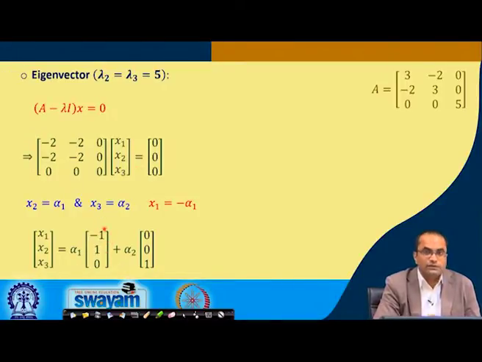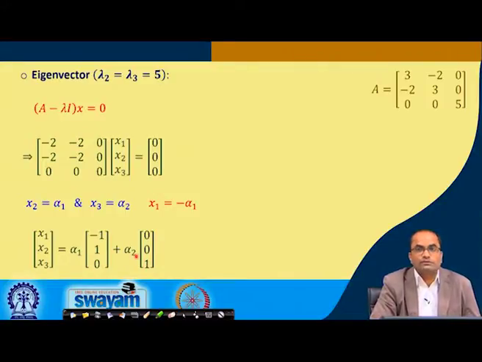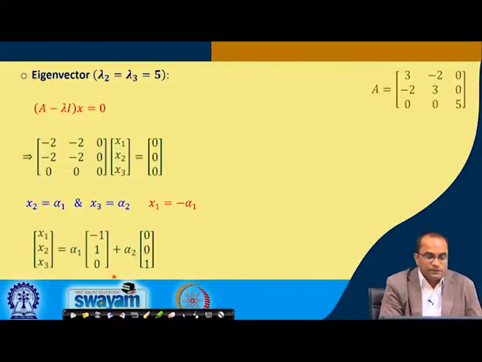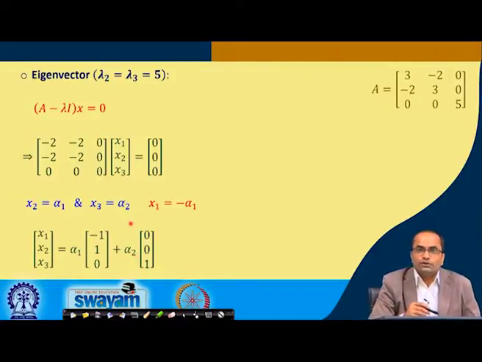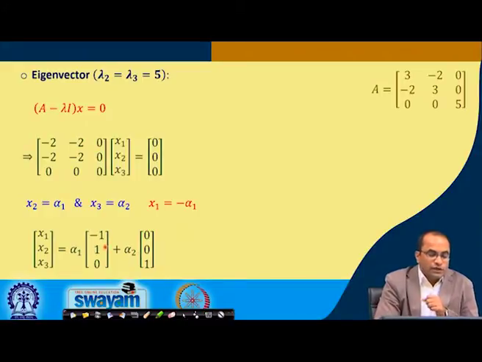Minus 1 1 0 satisfies the given equation, also 0 0 1 is satisfying the given equation, and these two are also linearly independent, which we can see from the structure itself. For any linear combination, if we set alpha 1 times the first plus alpha 2 times the second equal to 0, then alpha 1 and alpha 2 have to be 0. That is an easy check for linear independence in this case.